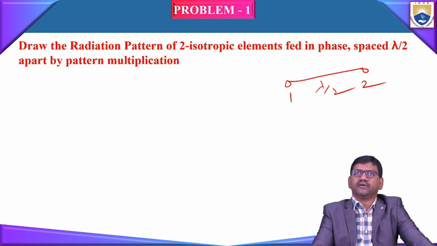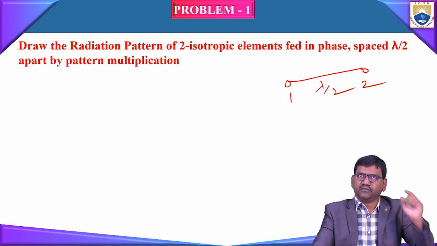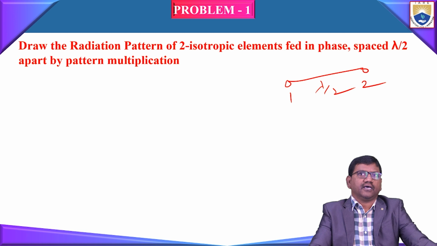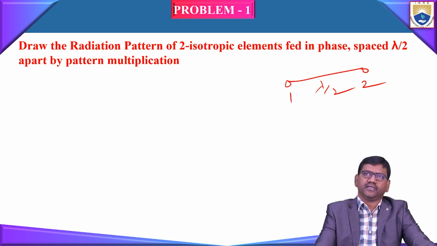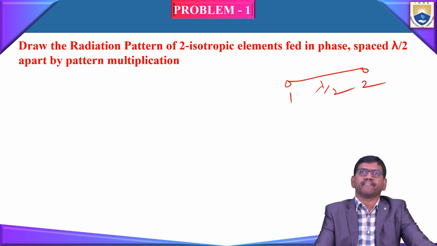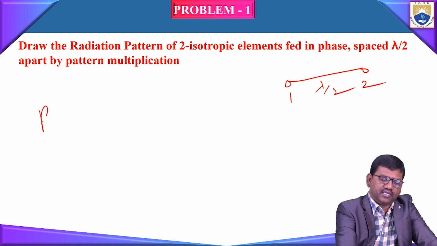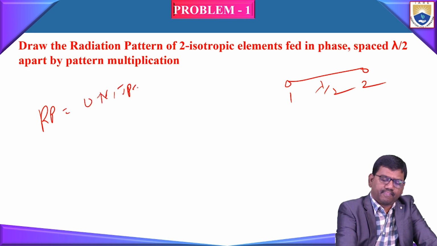By the principle of pattern multiplication, for an array of elements, the resultant pattern is given by the product of the pattern of the individual element and the group pattern of the total number of elements in the array. So the resultant pattern is equal to the unit pattern multiplied with the group pattern.